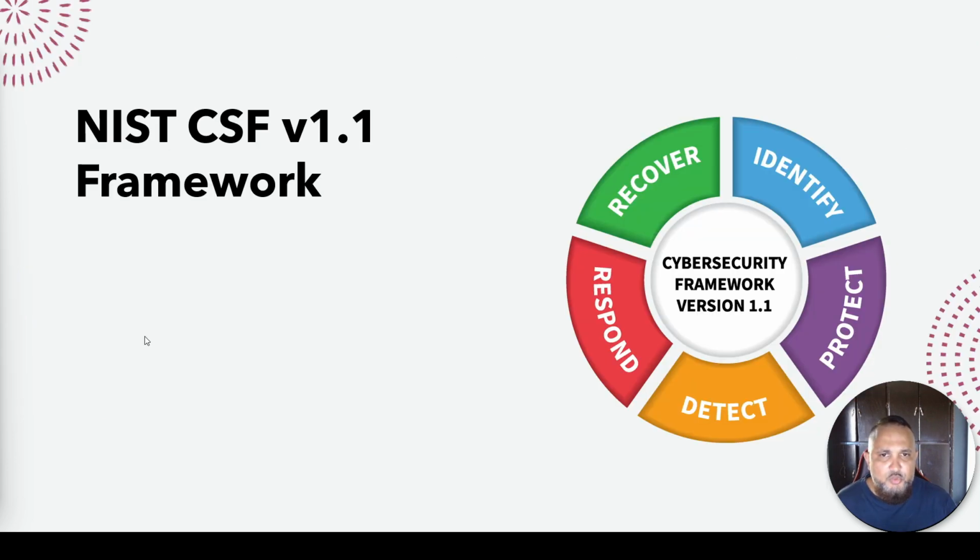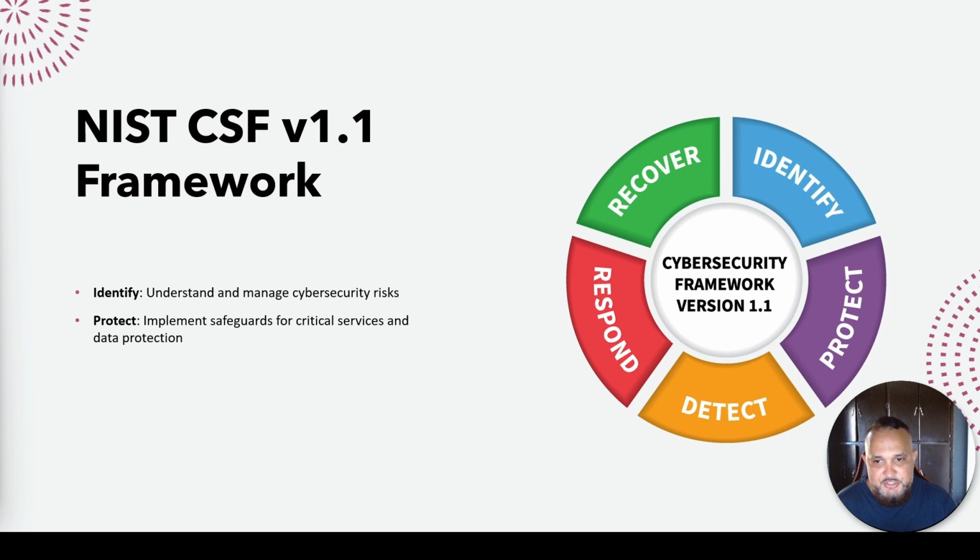So the version 1.1 framework comprised 5 functions, as they call them: identify, protect, detect, respond, and recover. These are the 5 functions that the previous CSF version 1.1 comprised of. The identify function helps you to understand and manage cybersecurity risk.